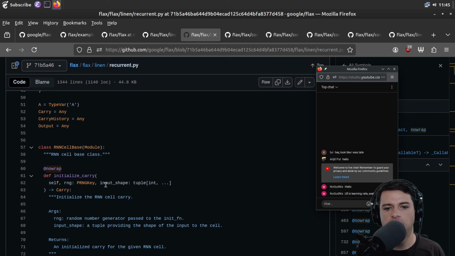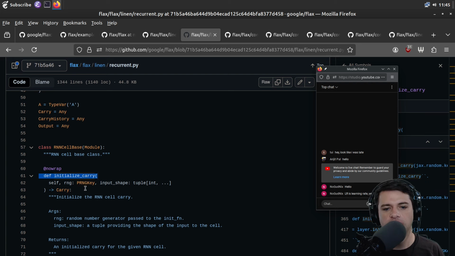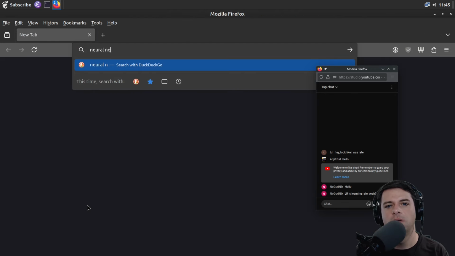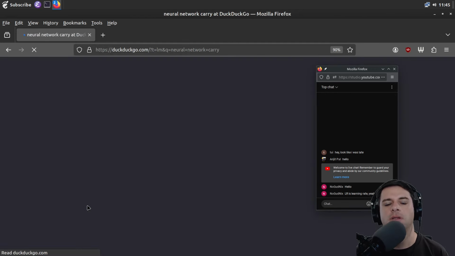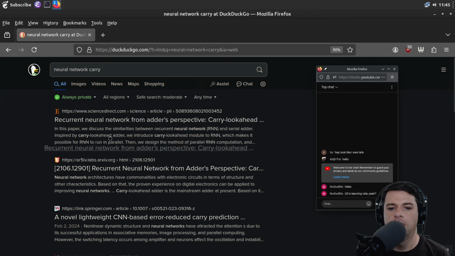So what's in a cell? We have a reference to the random number generator, whatever initialize carry is. Carry look ahead, I don't know.